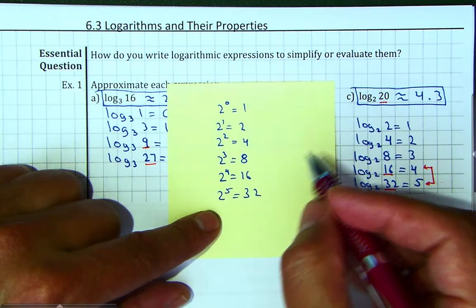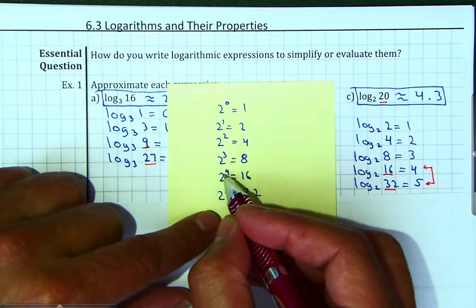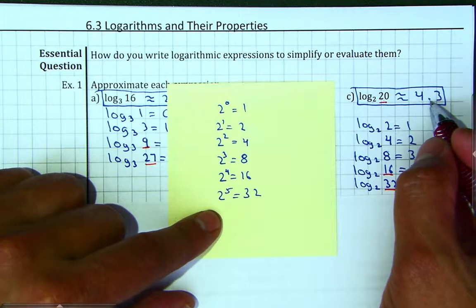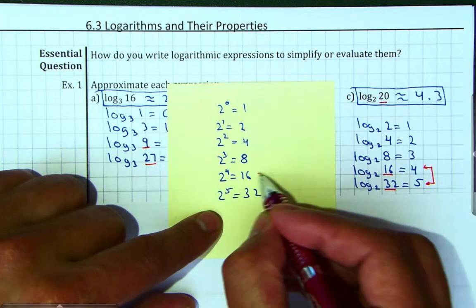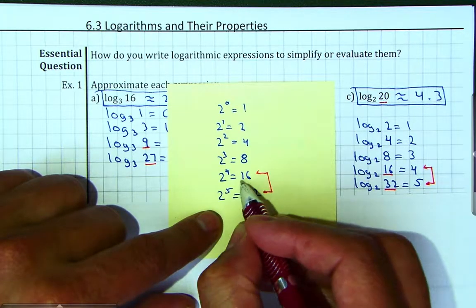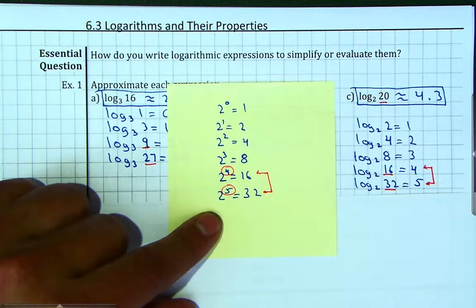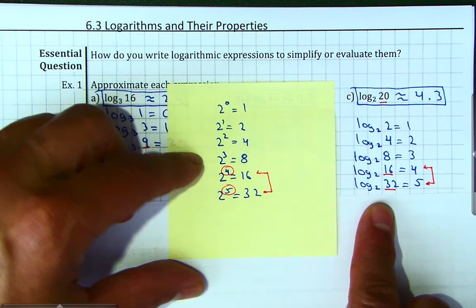Remember, the logs are basically just another way of writing exponents, but most of the time it happens to be decimal. So therefore 20 is between 16 and 32. It's closer to 16, so it should be closer to 4 and not 5. So whichever you want to think about it.